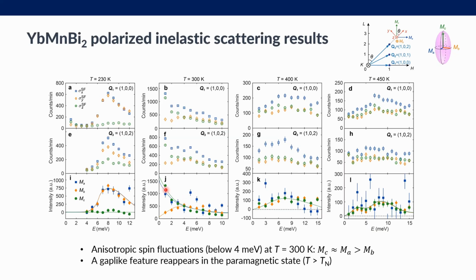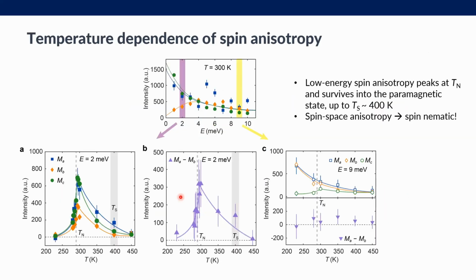So this spin anisotropy here is quite surprising. We wanted to understand it better, so we did a very detailed temperature dependence. As you can see in panel A here, this is showing the temperature dependence of the three spin fluctuations.